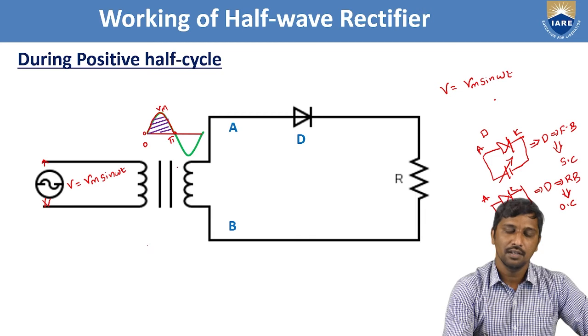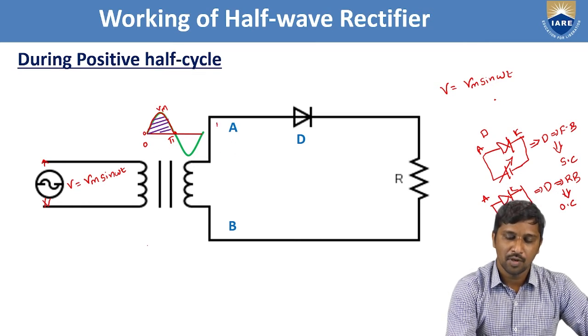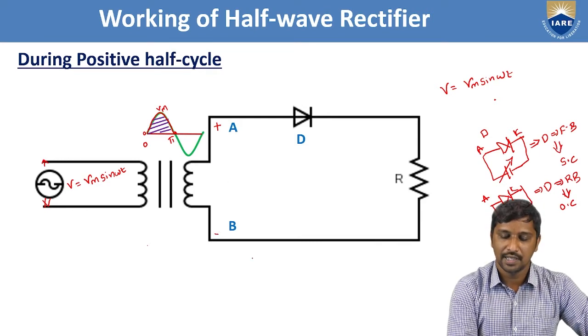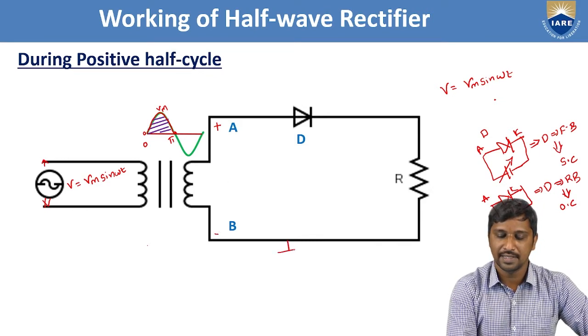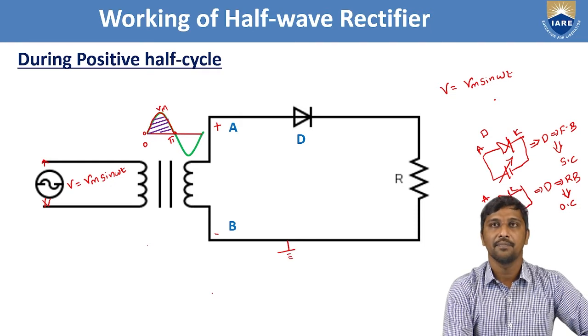At this point, I am applying the positive peak duration. So what is the positive peak here? The duration is 0 to pi. During this 0 to pi duration, a positive pole is connected here and a negative pole is connected to the lower potential, meaning the ground potential.